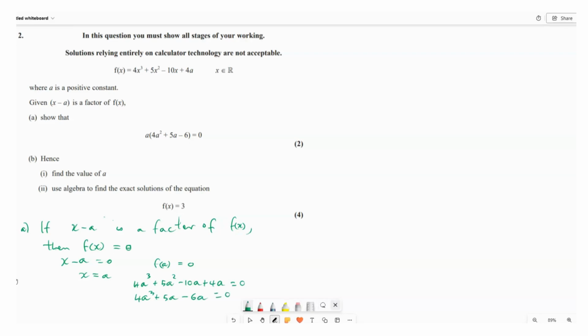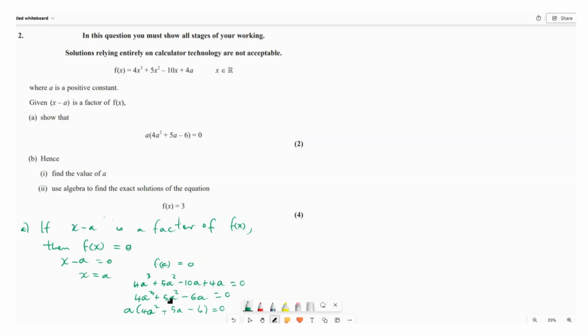So it means that we can factor out a because a is a common factor. So we have worked out part A, and that value is 2 marks.